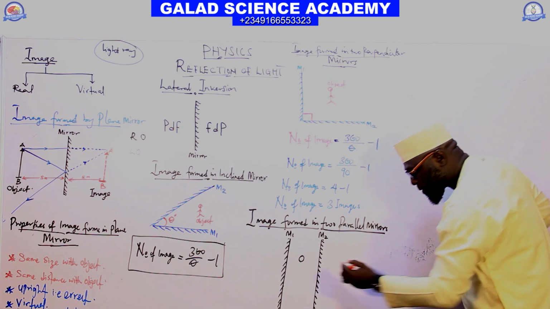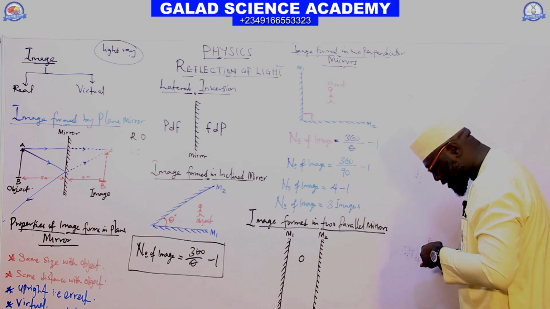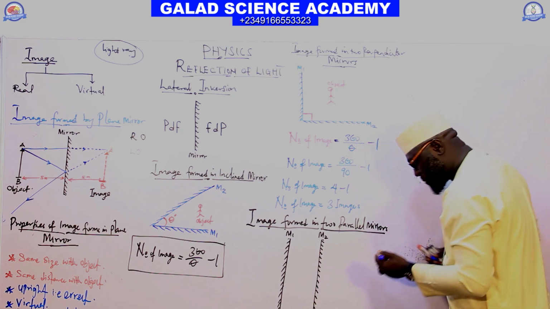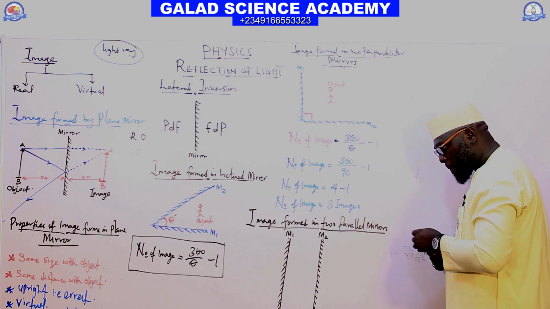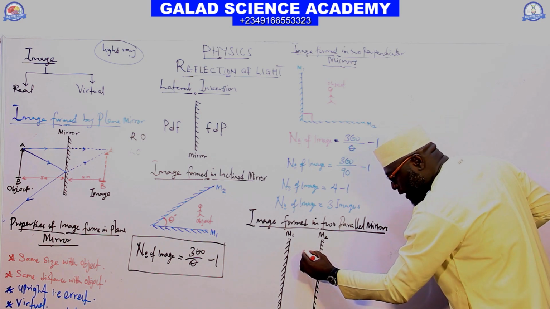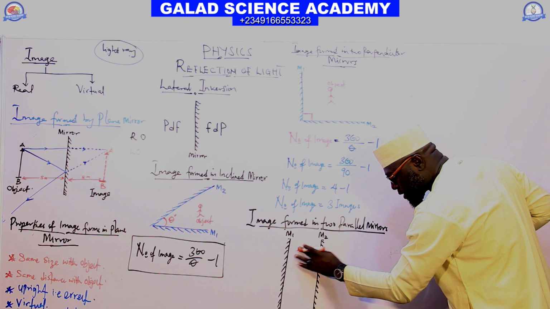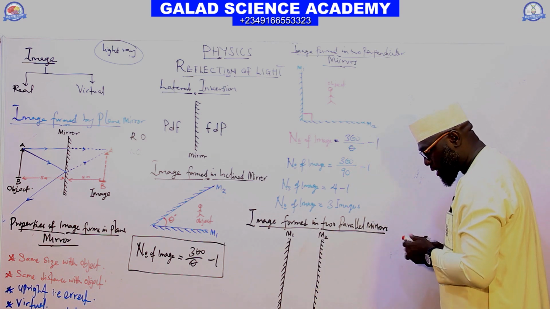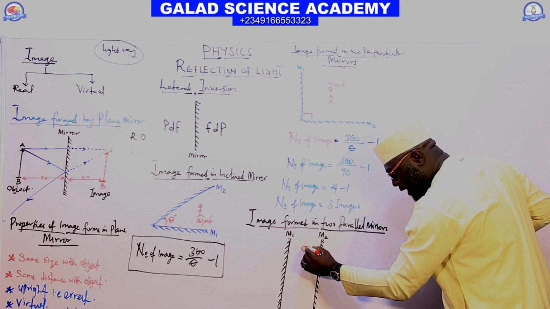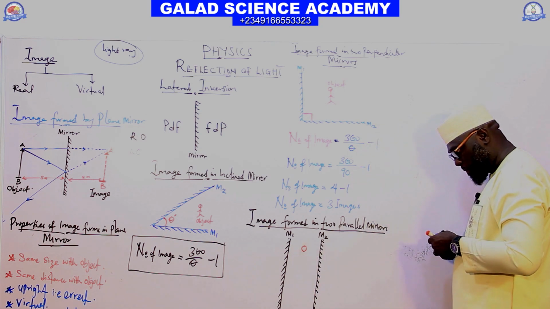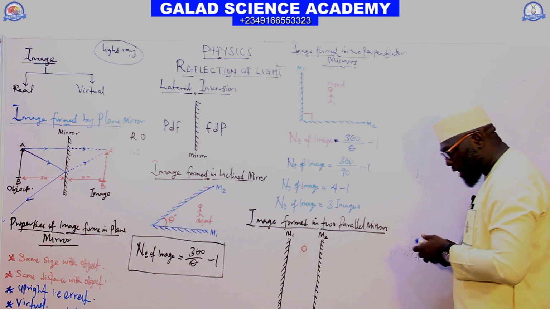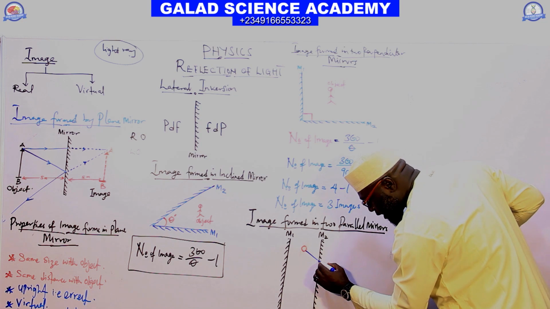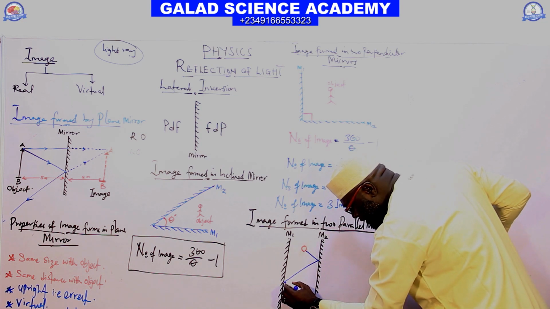Let me put my object on top. Then I put my object here. The first ray reflects like this.